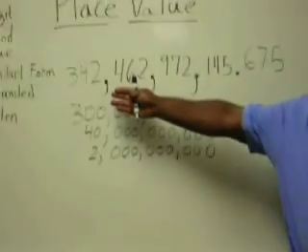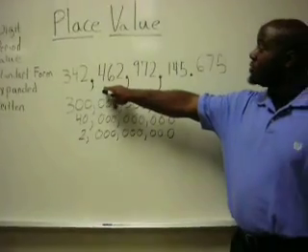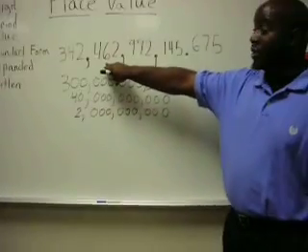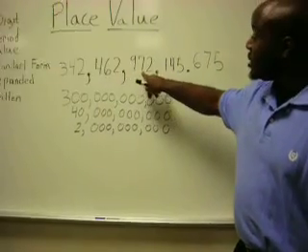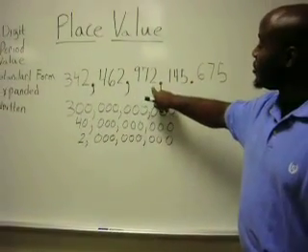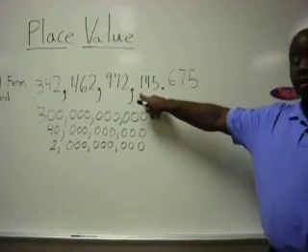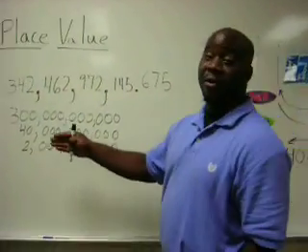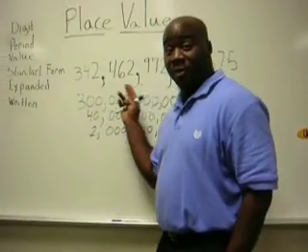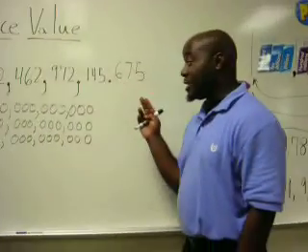And as we continue on with these numbers, we'll get down to the 400 million, 60 million, 2 million, 900,000, 70,000, 2,000, 100, 40, and 5. Now, I've started off the value right here. This number is something that you can practice with your child at home today.